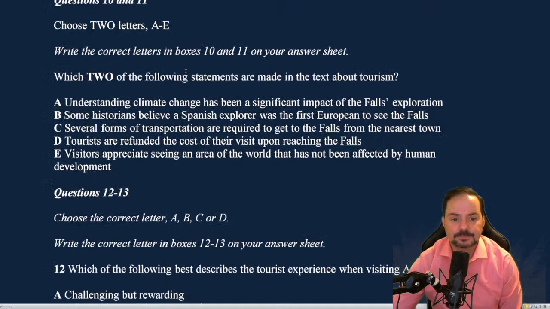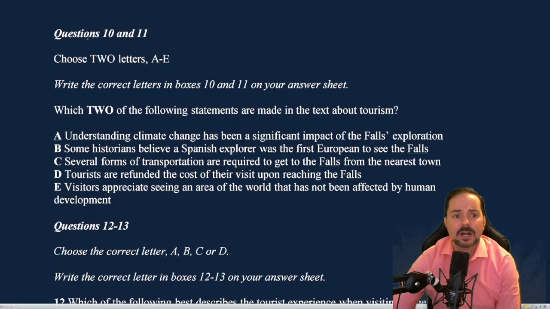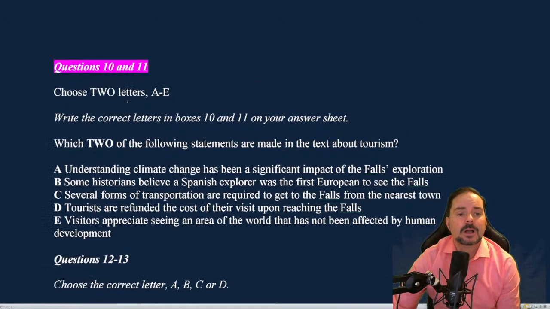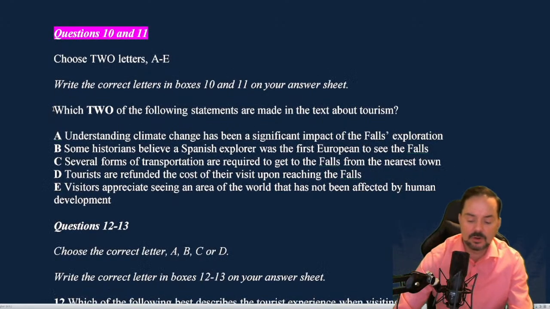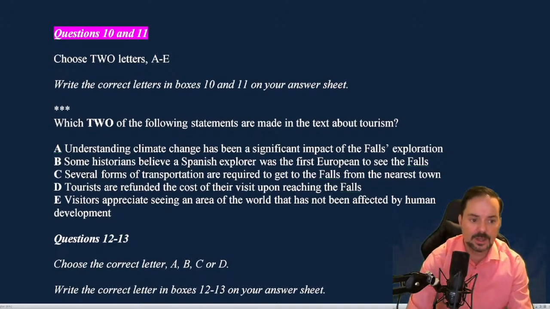All right. And then here we have 2 questions. So this is, pay attention always, it's question 10 and 11. Multiple choice, all right. Here it says choose 2 letters, A to E. Write the correct letters in boxes 10 and 11 on your answer sheet. Okay, only read the question here. Okay.